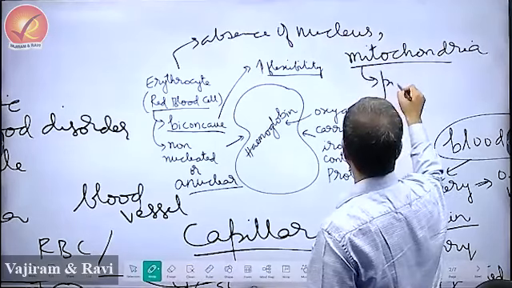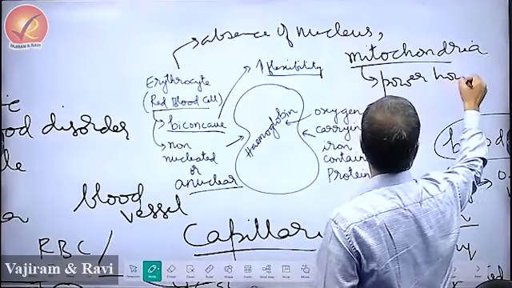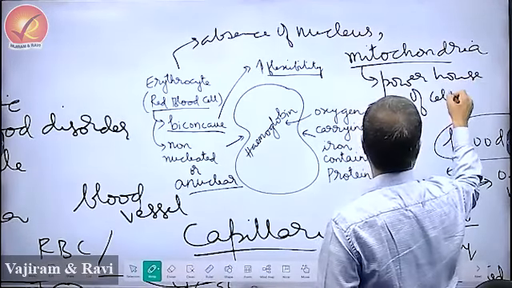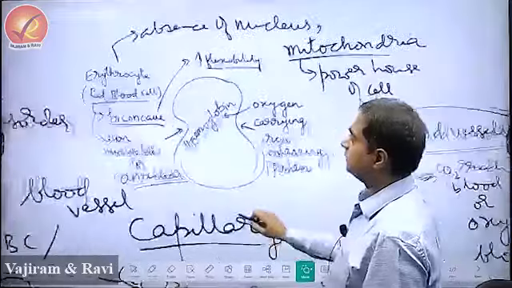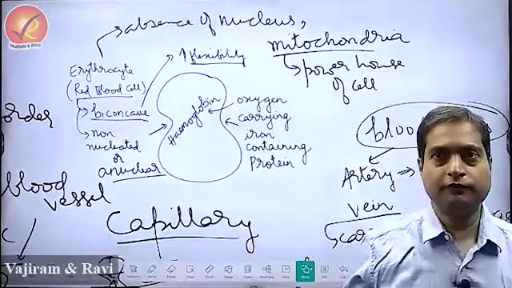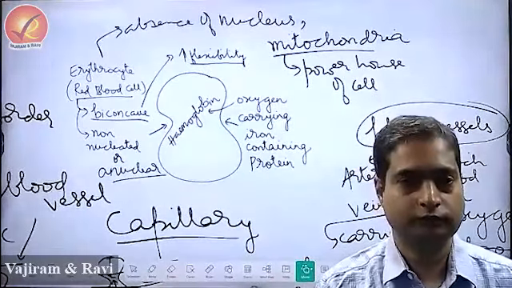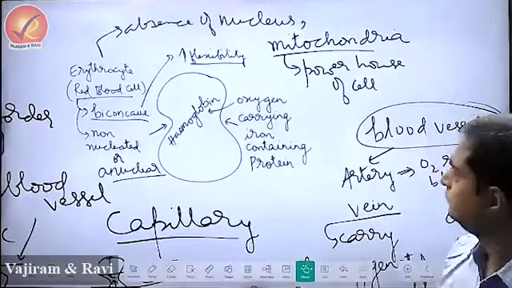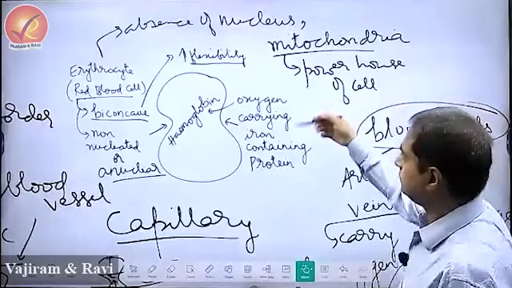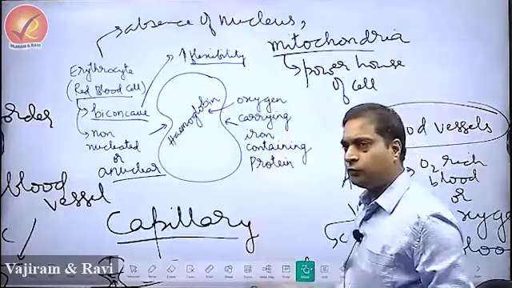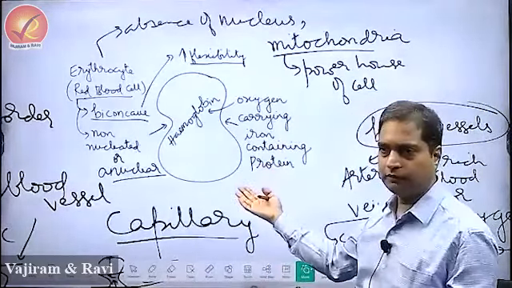So all of you know this is the powerhouse of the cell, but that is also absent in your RBC. Absence of mitochondria also. So again the reason is same, to provide space to accumulate hemoglobin.